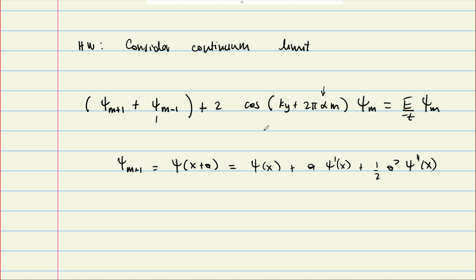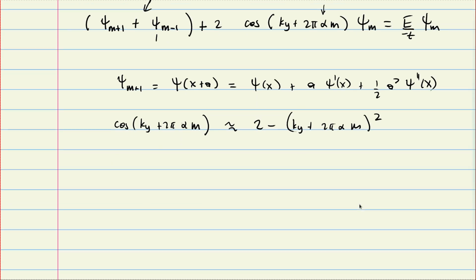And you are also going to expand the cosine term, cosine of ky plus 2 pi alpha m, squared. Let me write it like phi over, let me write alpha, I'll fix it later if I need to.